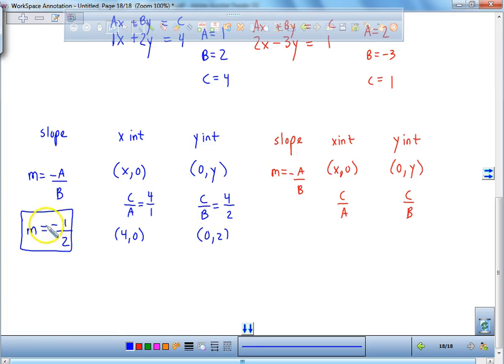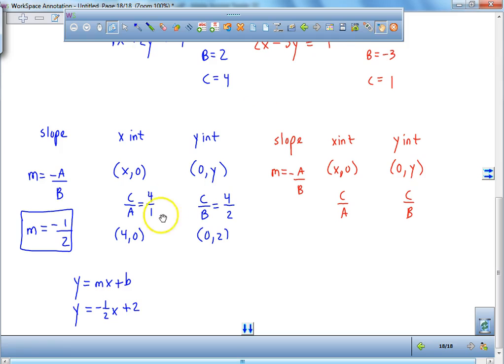By the way, could I take this information and write it in slope-intercept form? Sure. I could put it in y equals mx plus b. It's y equals negative 1/2 x plus my y-intercept, which is at a 2. So here we go.